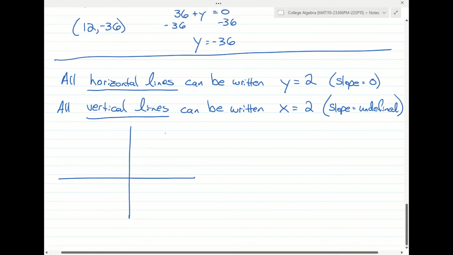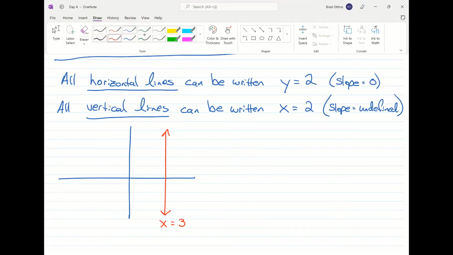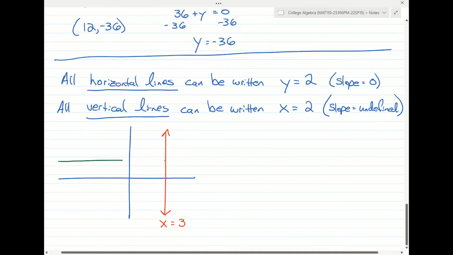Have you ever had a vertical line like this? This would have the equation x equals whatever number. If you have a horizontal line, this would be y equals whatever. It's really important that you get that.